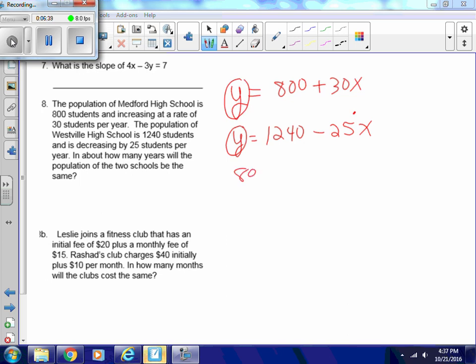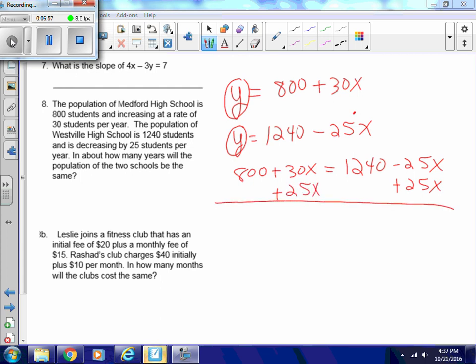That would mean 800 plus 30x should equal 1,240 minus 25x. Let's get our variables on one side. I will add 25x to both sides. And I've got 800 plus 55x equals 1,240.